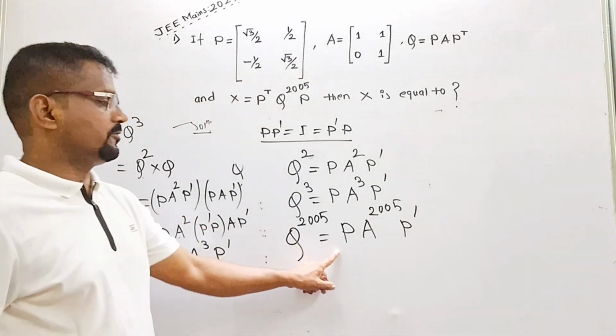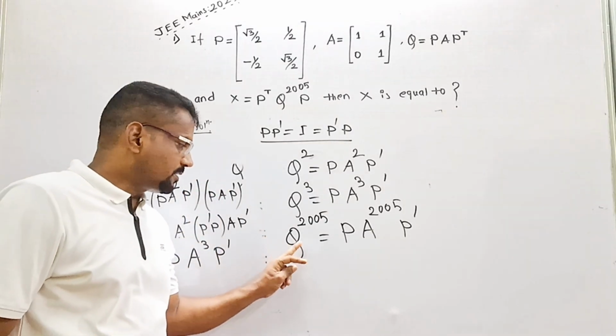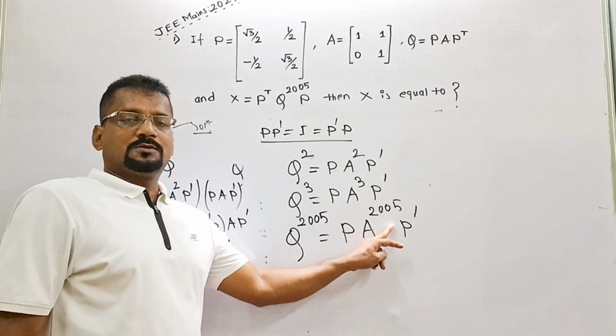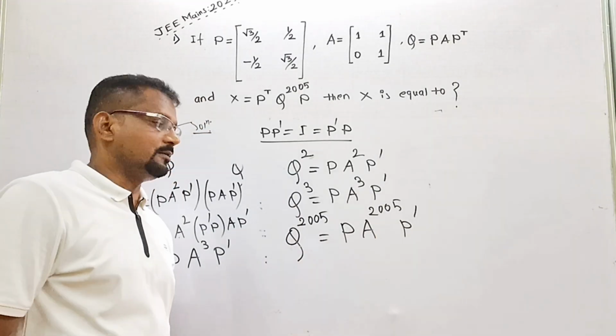This result we are going to use. So it is now confirmed that Q to the power 2005 will be P A to the power 2005 P dash. How it comes, I explained in detail.